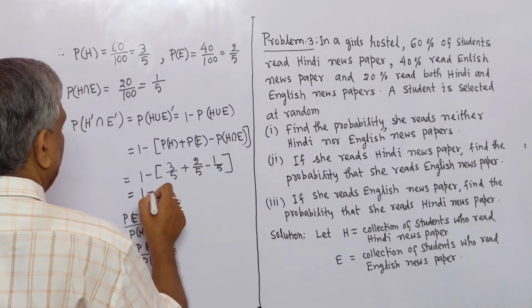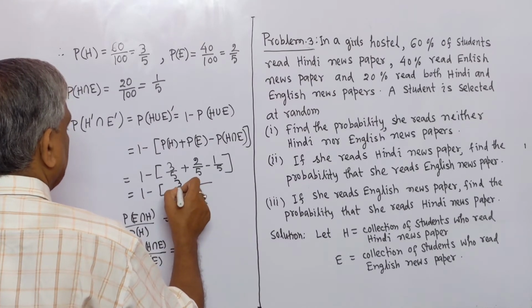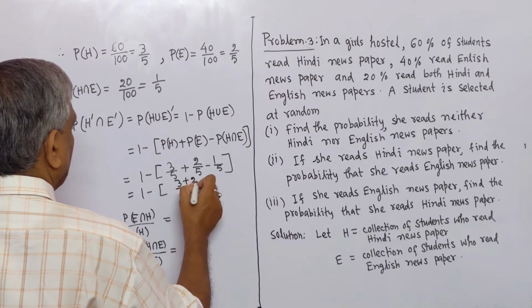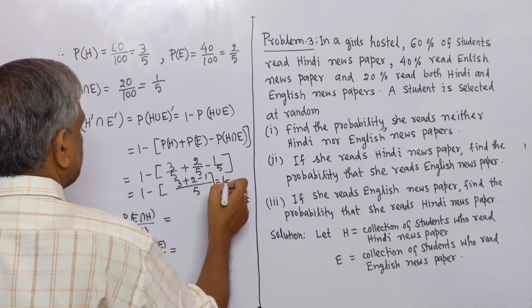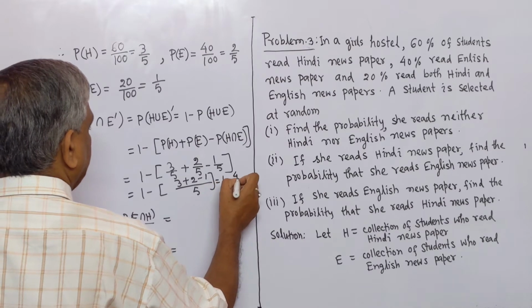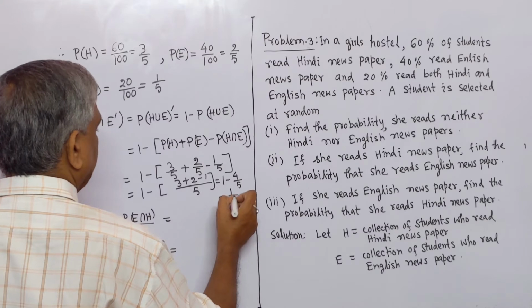And this equals 1 minus, taking LCM 5, (3 plus 2 minus 1), means 1 minus 4 by 5.